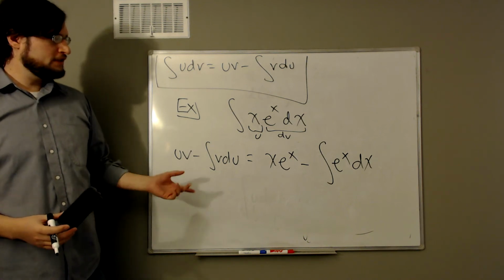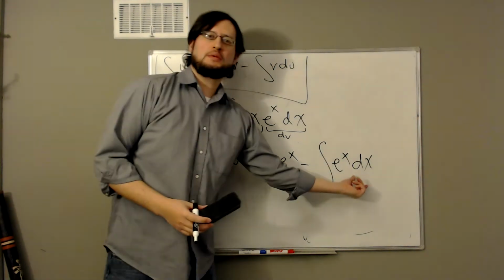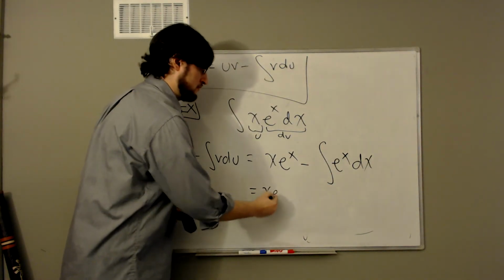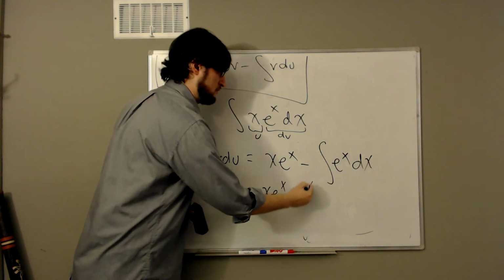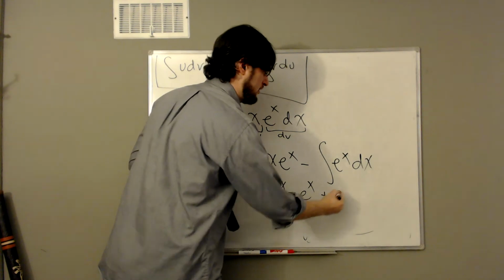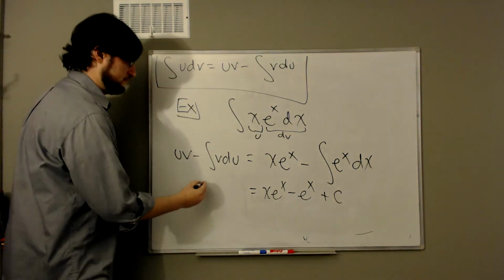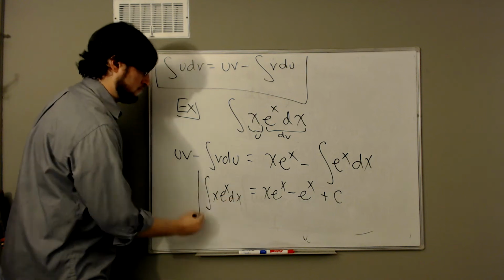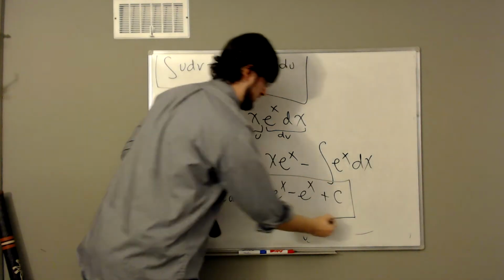And the point is that this is now an integral that we can calculate without any more work. Because the antiderivative of e to the x is just e to the x plus c. And that's the answer to the question.